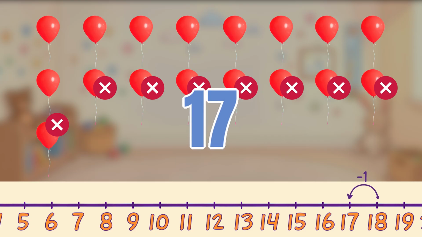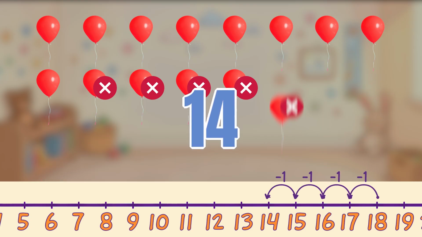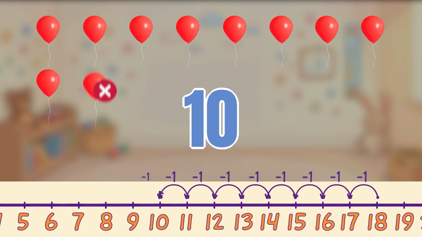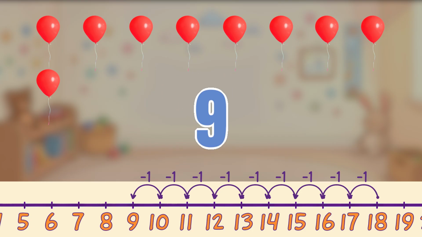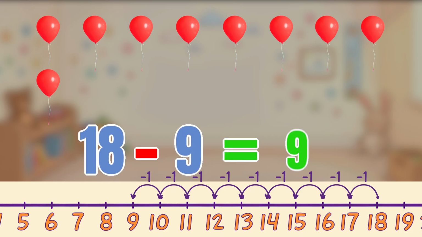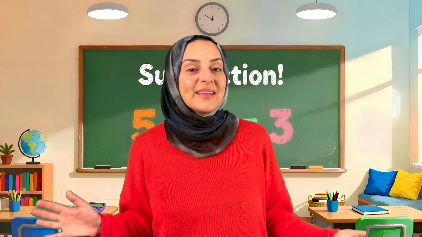Hop 17, 16, 15, 14, 13, 12, 11, 10, 9. We landed on 9. 18 minus 9 equals 9. When you take away half, you get half. That's so cool. You're doing such an amazing job.